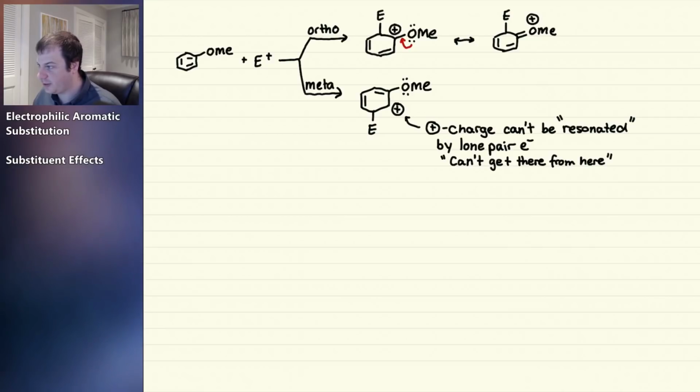So there's another factor, though, that could also explain why the electron donor groups prefer reaction at the ortho and para positions. And that is the electron donating groups increase the nucleophilicity at those positions.